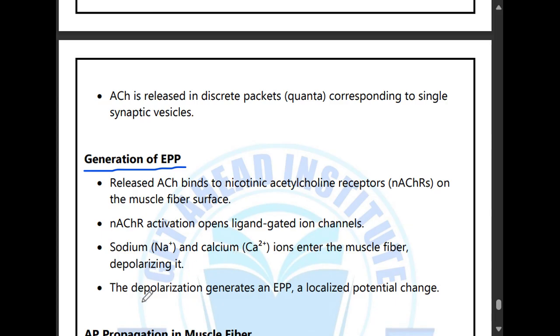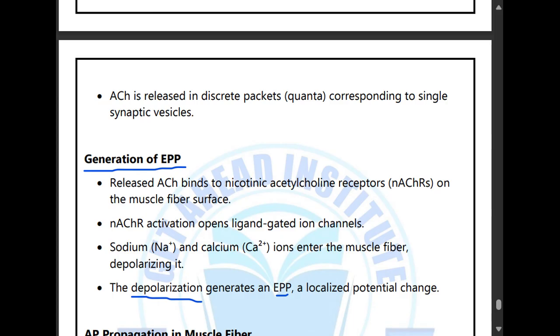This depolarization will generate what we call end plate potential. The end plate potential is just a localized potential change. The depolarization that brings about the end plate potential is due to the influx of sodium ions through the nicotinic acetylcholine receptors.